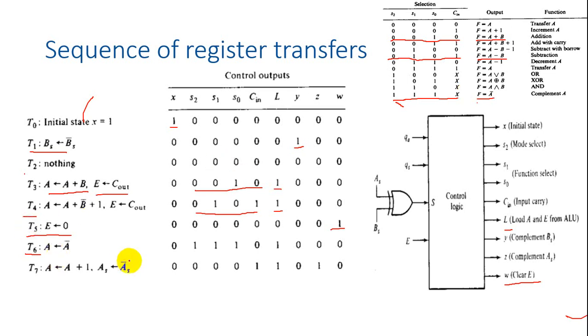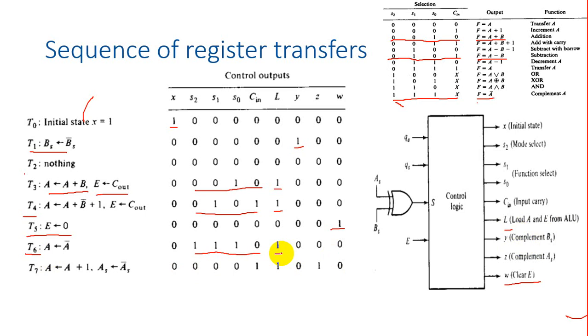So look at over here. Cross means don't care, but we'll take 0 over here because carry has no meaning in logical operation. Carry equal to 0 in logical operation. So we'll make it 0. And how to load A? What is the signal to load A? Look at over here. Load A, L. L will load A. So L should be high.